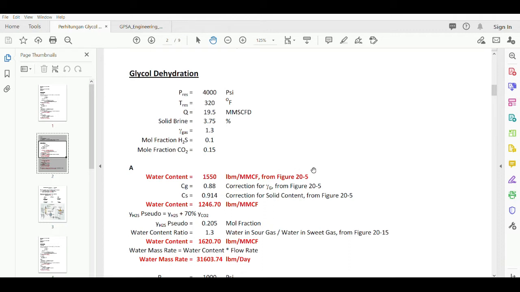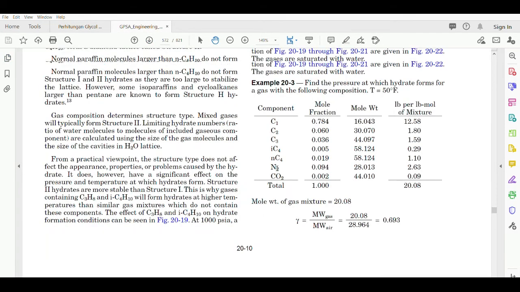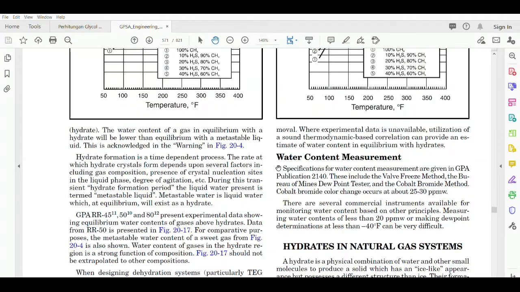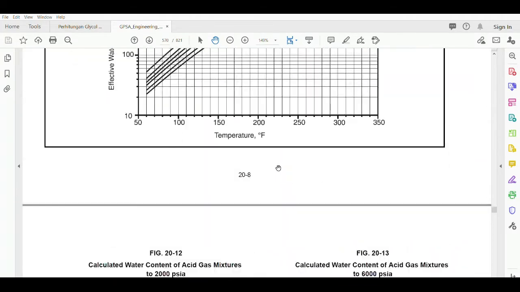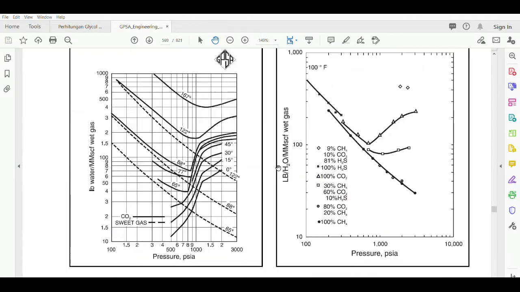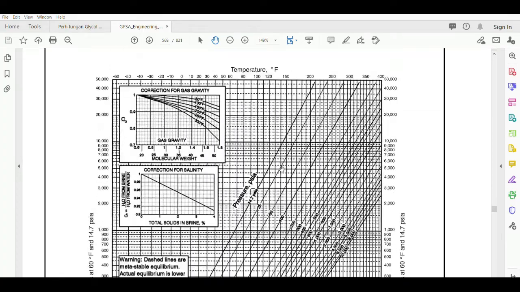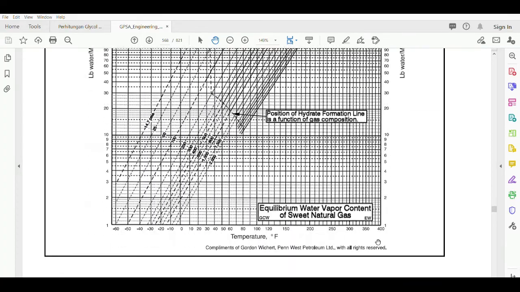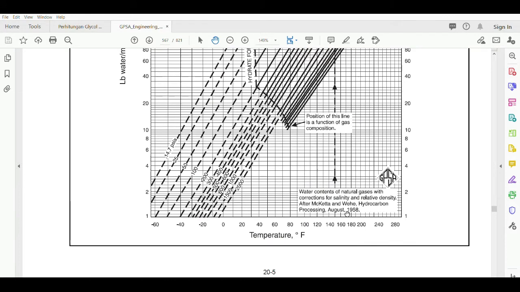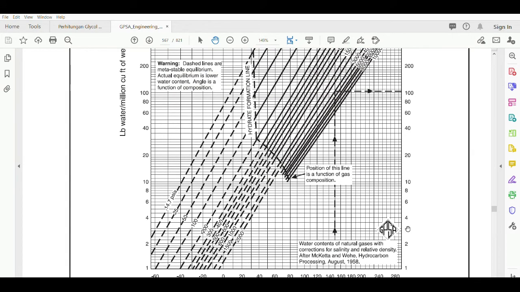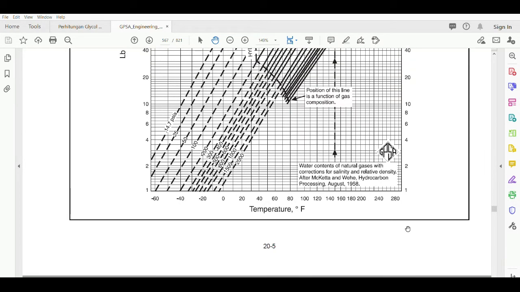If you want to see it, you can see that the difference between figure 20 and 25 is just the temperature. This one goes to 400, while this one is only 280, a little bit above. So temperature is higher in figure 25.